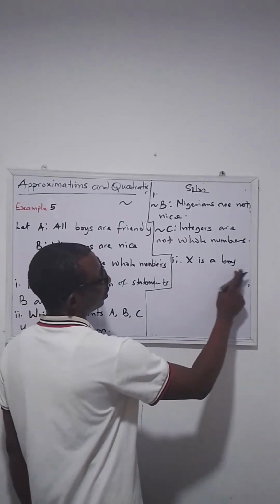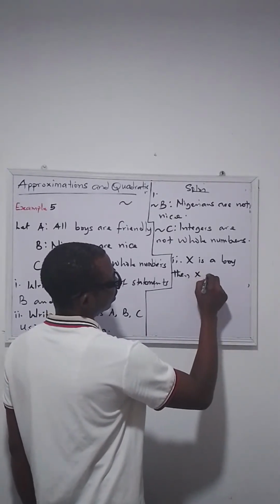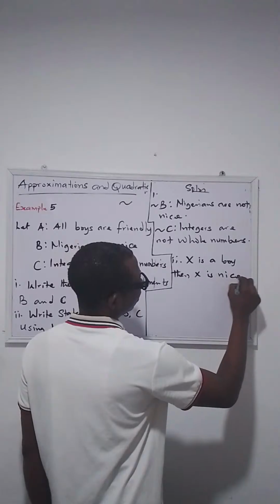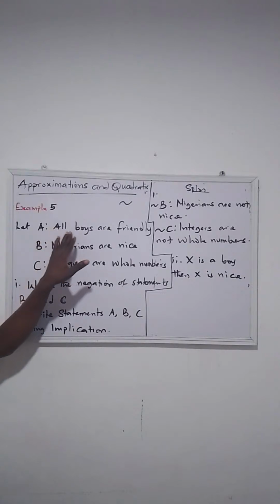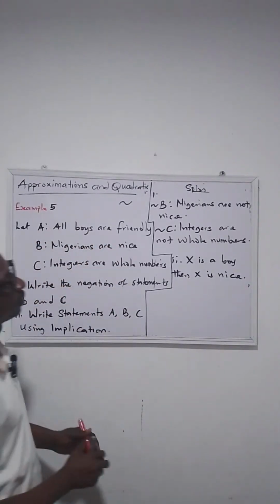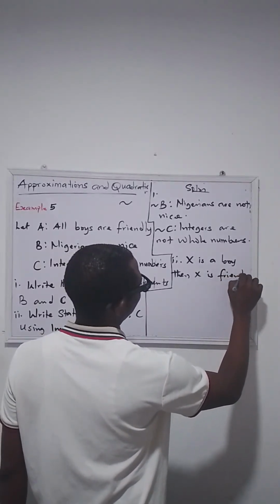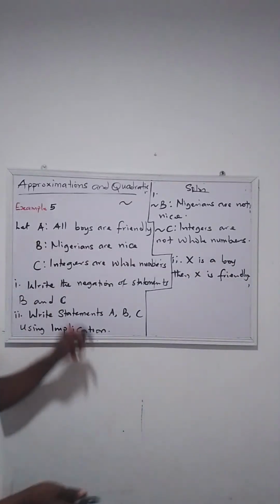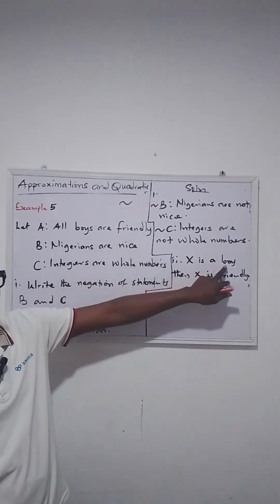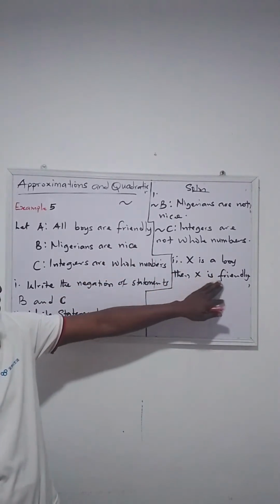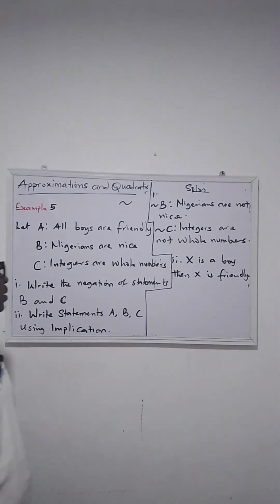If X is a boy, then X is friendly. Sorry, this is going to be friendly this time around, not nice. Because we have all boys are friendly, so X is a boy, then X is friendly. That's the implication.